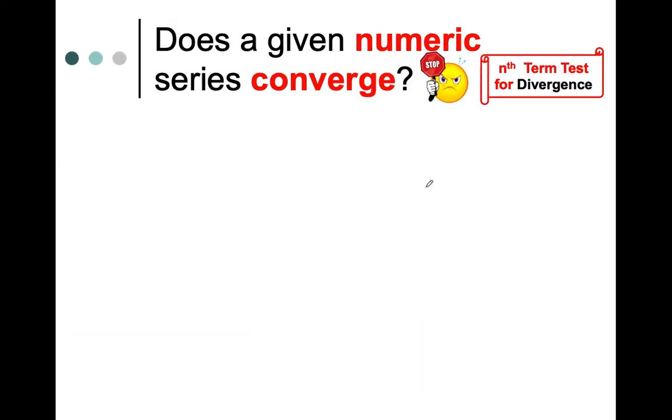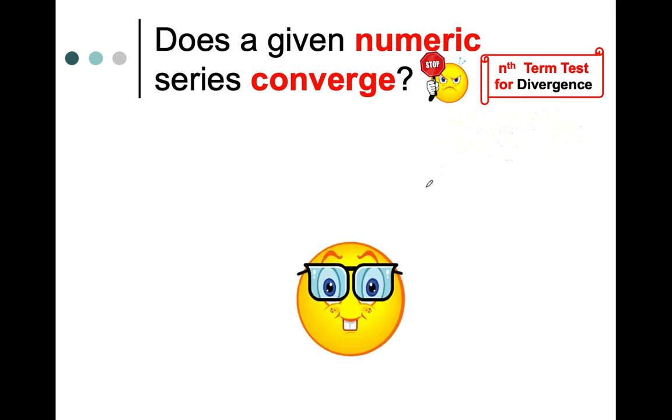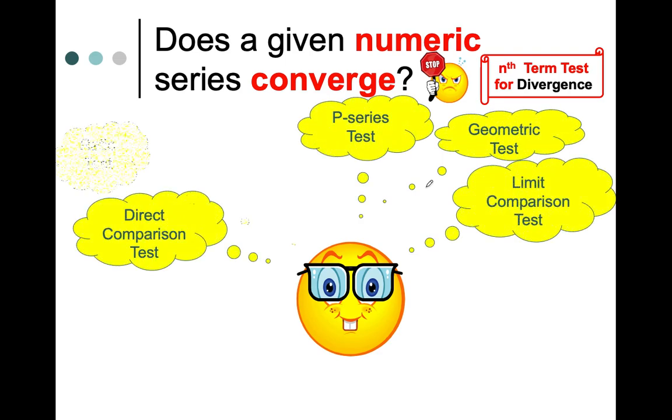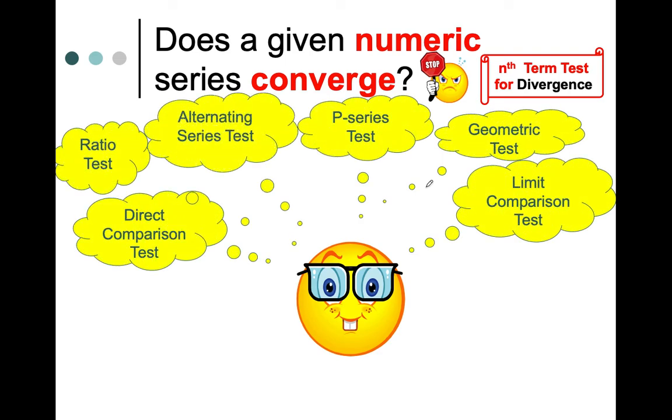So, as a wrap-up, think about when you want to know if a numeric series converges, the first thing you should always think about is the nth term test for divergence, right? No matter what it looks like. After that, what should I do? Now remember, AP did say that the direct comparison test and the limit comparison test are not going to be on this year's AP test.